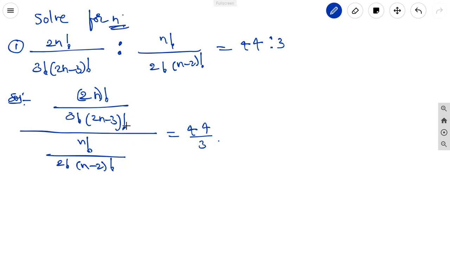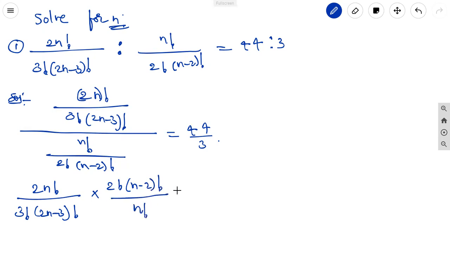The denominator becomes numerator, so we can write it as 2n factorial by 3 factorial into 2n minus 3 factorial, into 2 factorial into n minus 2 factorial by n factorial, equal to 44 by 3.